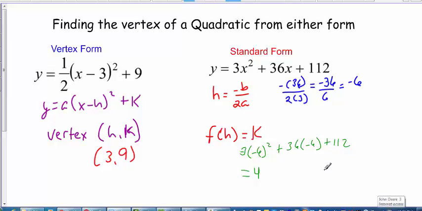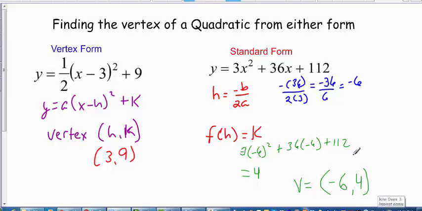So it actually gives us a vertex of (negative 6, 4). Okay, that's our vertex.